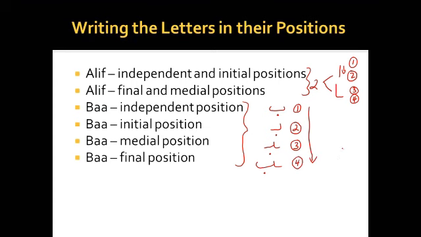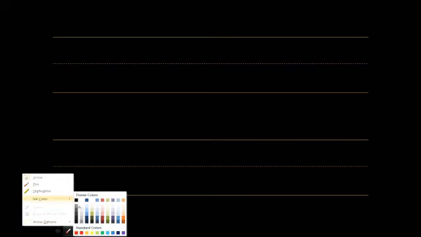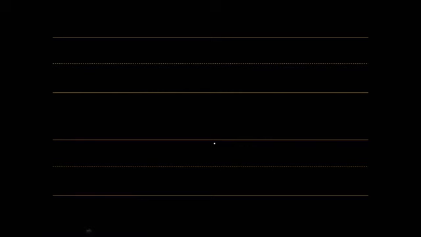Okay, let's write these different forms for both the alif and the ba. I'm going to change my color here to yellow to make it clearer. Let's begin with the alif.